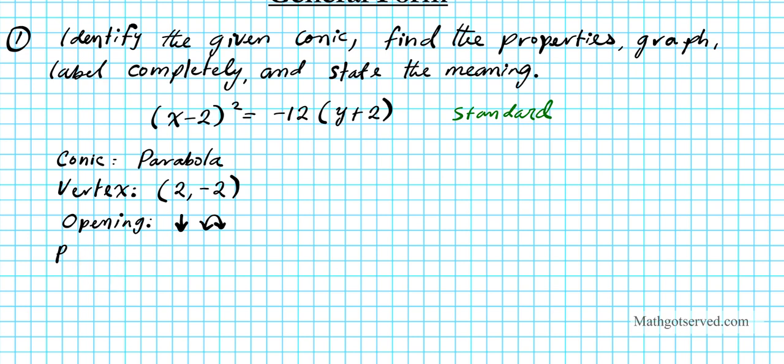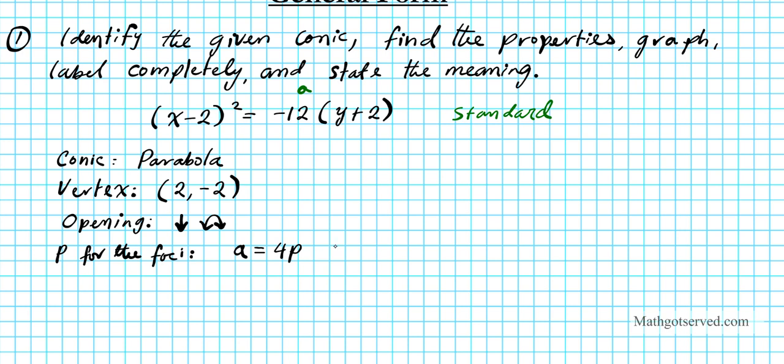So how do we find that? To find p for the focus, all you do is solve the equation a equals 4p. What is a? Well, the coefficient that I factored out of the parentheses that's unsquared is usually our a, and we say that is equal to 4p.